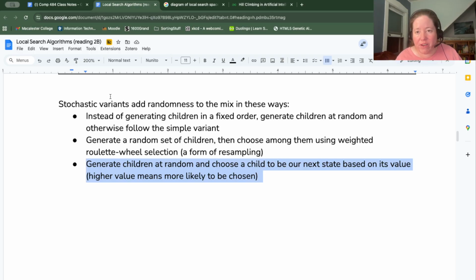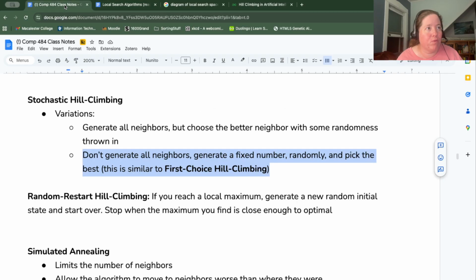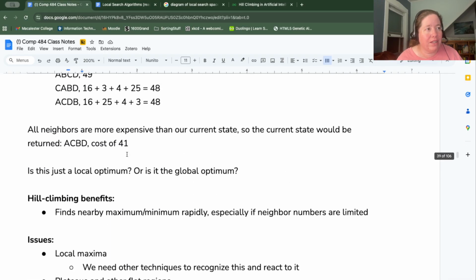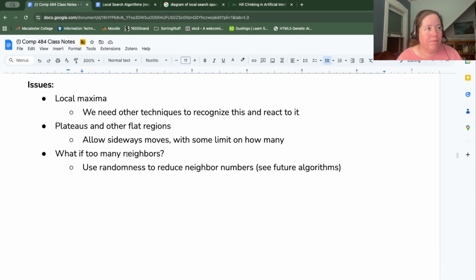All right, so these are variations on hill climbing that help us out to resolve some of those issues that I had mentioned before. So the stochastic variants can allow us to explore plateaus because they allow us to use some randomness to travel through them.